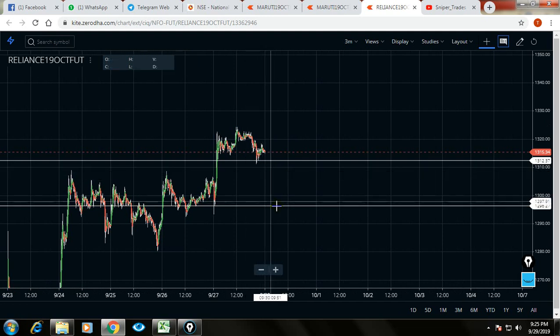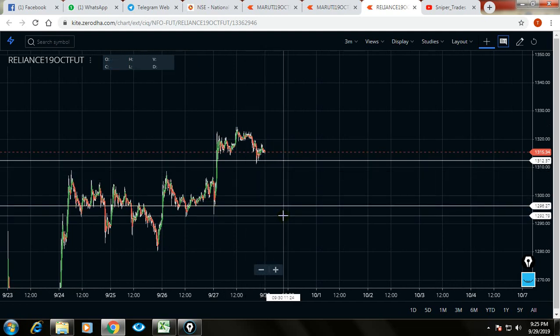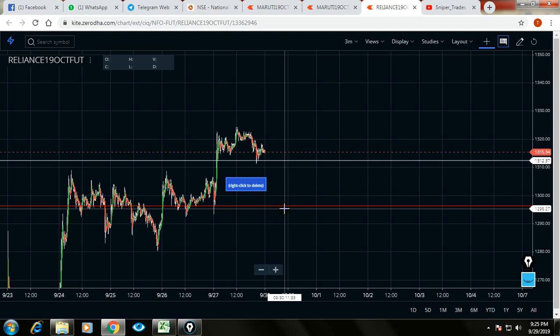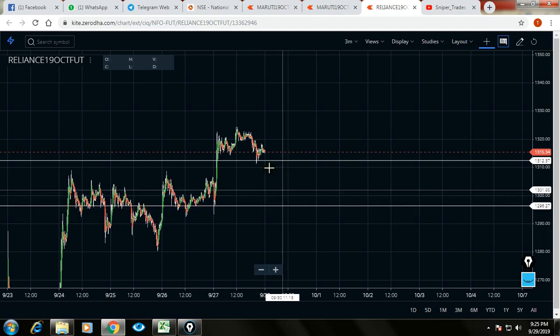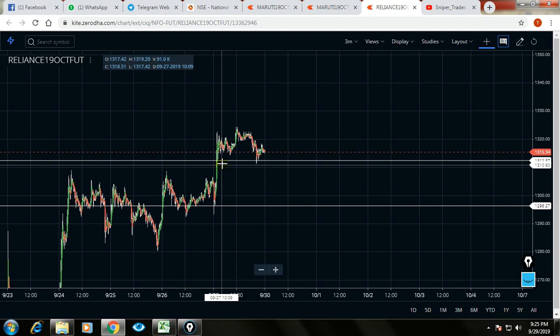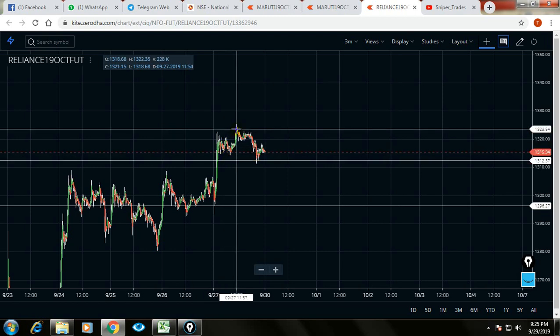On reaching this level and breaking this level, the probability of price going further downwards is higher. That is what the Excel file says. And on reaching this uptrend zone, which is the resistance of significance, the price tends to move upwards. That is what the Excel file says.